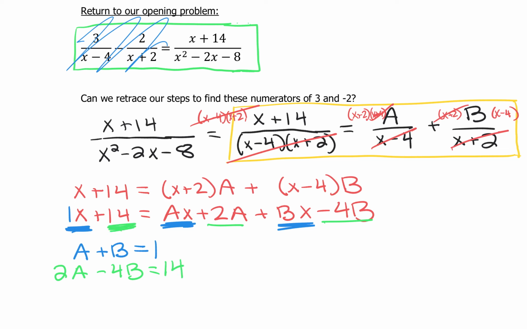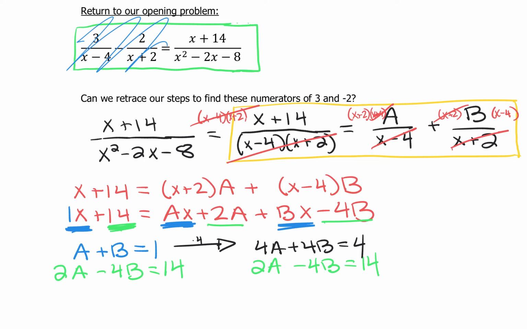I can solve this any way that I would like for systems. I'm going to multiply the top one through by 4 so that we can write it as 4A plus 4B equals 4. And then just go ahead and add our second green equation.